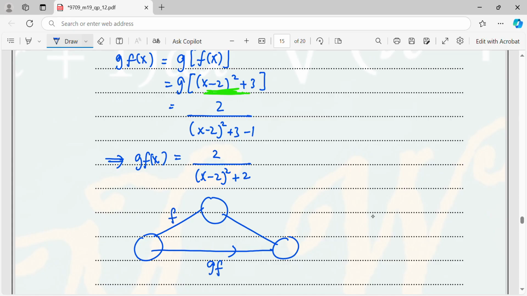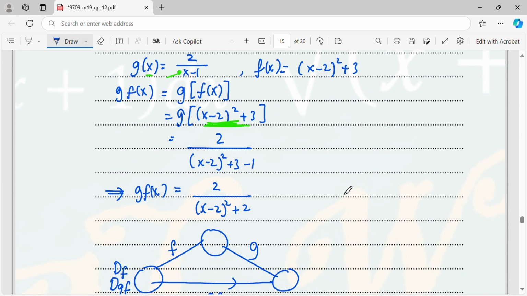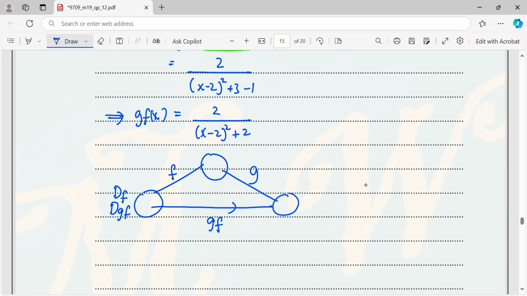That means this is f, here is g. Now, for the first circle, domain f is the same as domain gf. So then I need to find out what my range gf is now. What is my range gf here? If I know what my denominator is, then I can find the range.